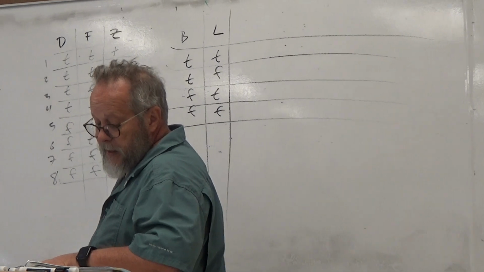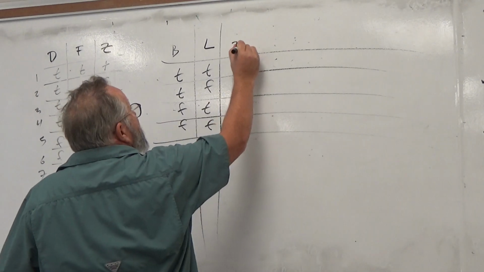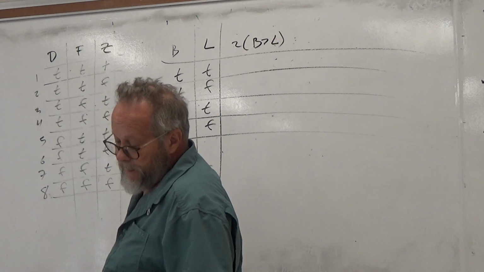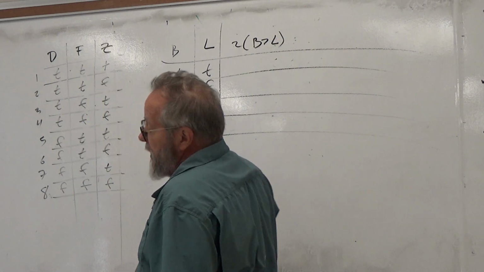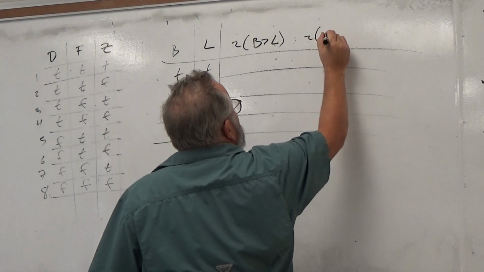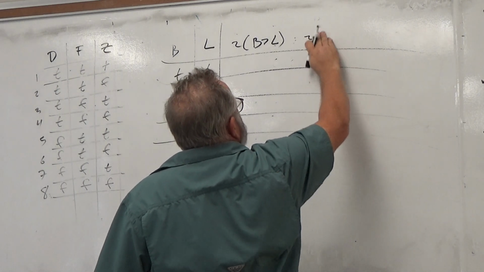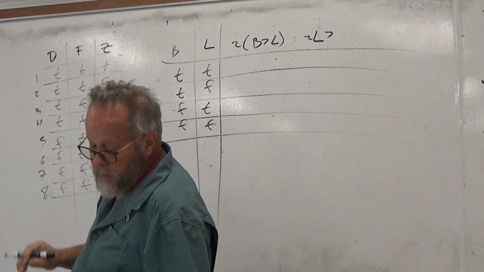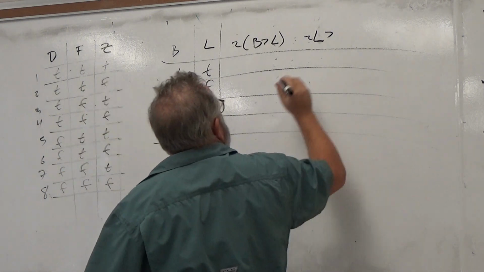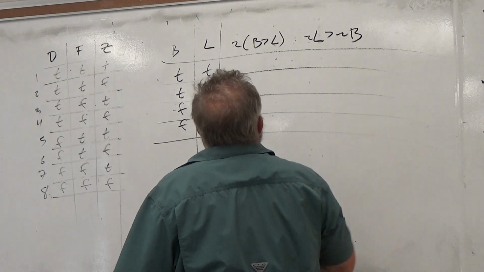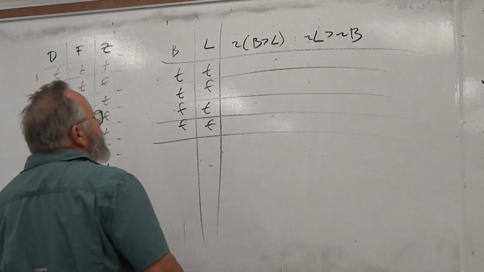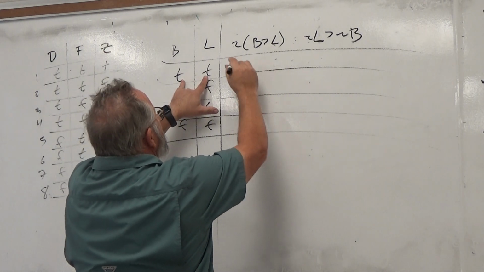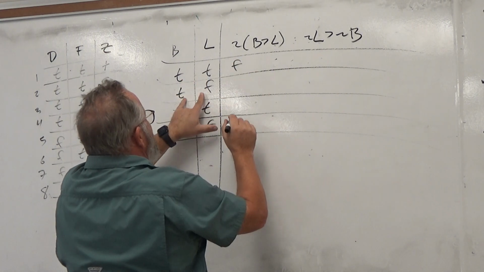And it's not B, then L, that's 1. And the other one is not L, then not B. B then L. True then true is true, but not makes it false.